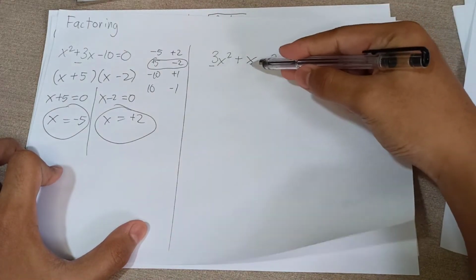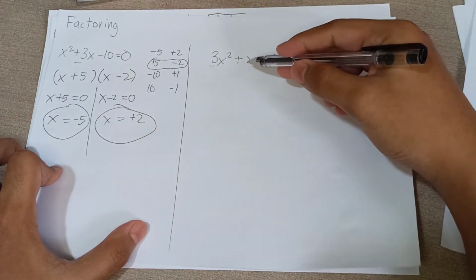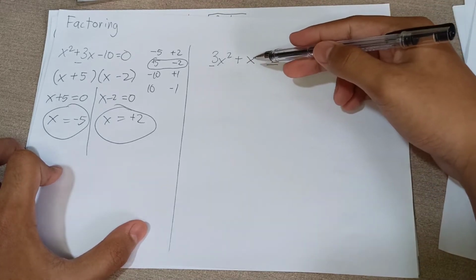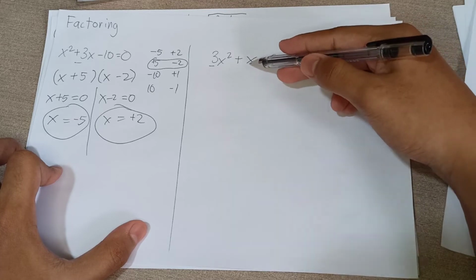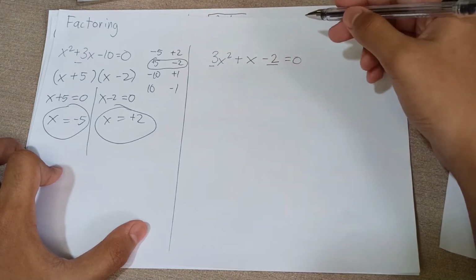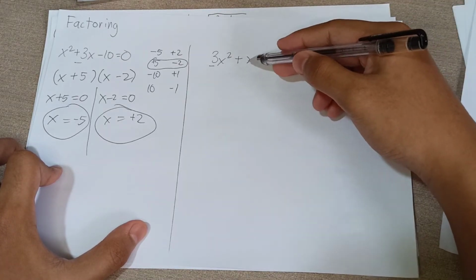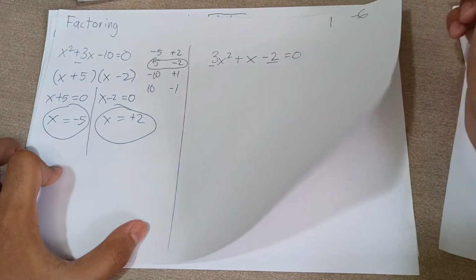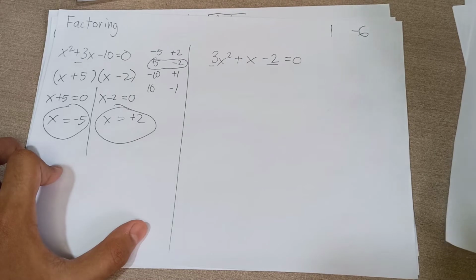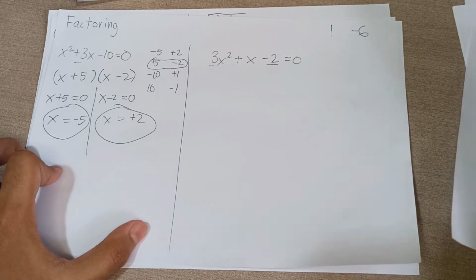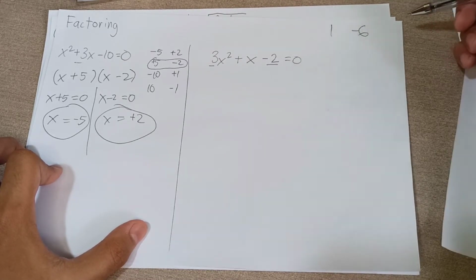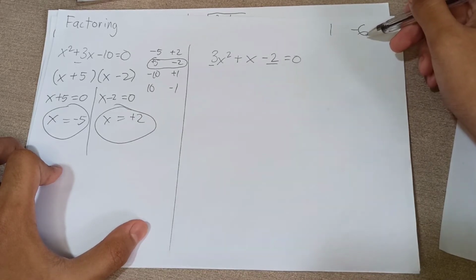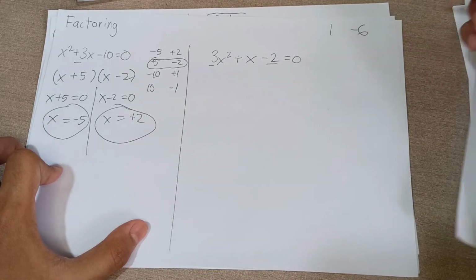Then our b coefficient is 1. Even though we cannot see 1 on this x, it has an imaginary coefficient 1. Now our next step is to think of numbers that multiply to negative 6 and have a sum of positive 1.